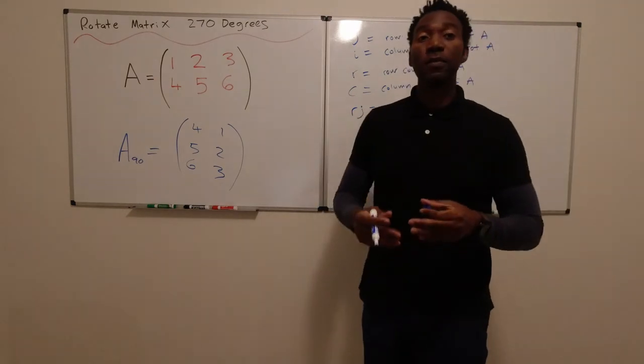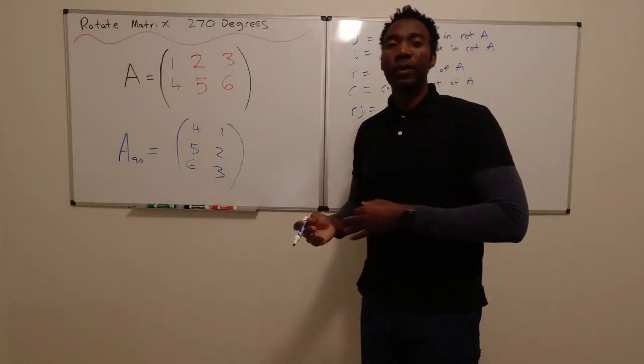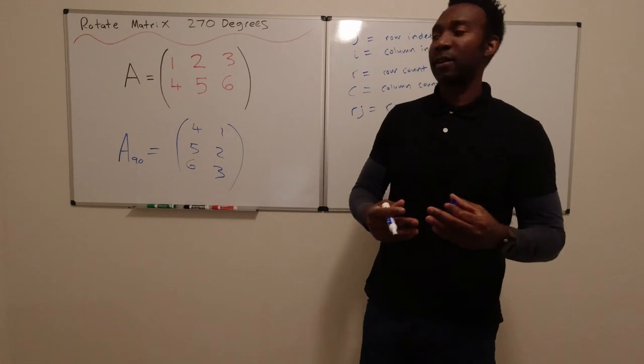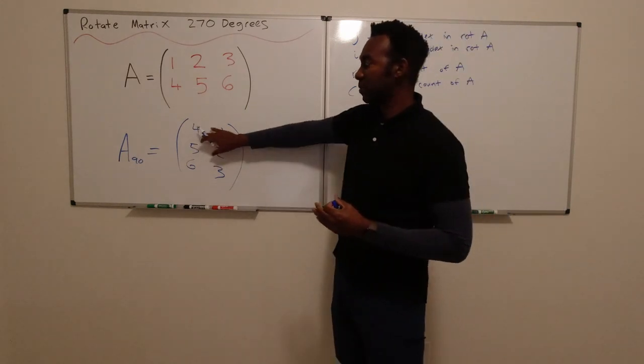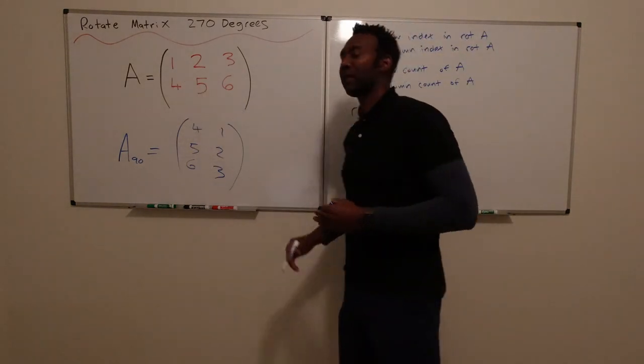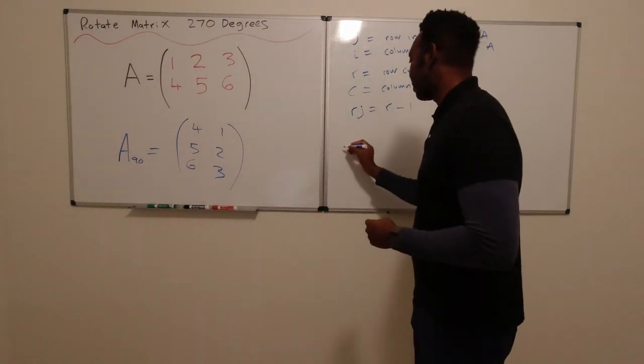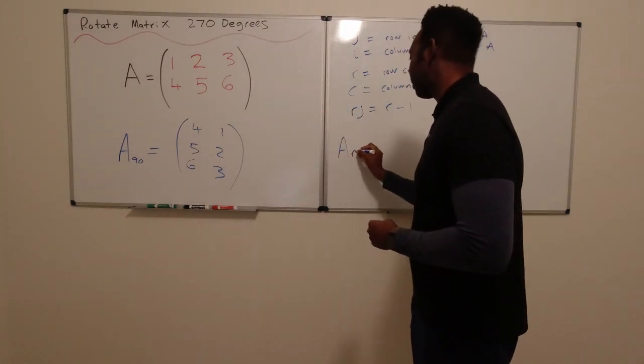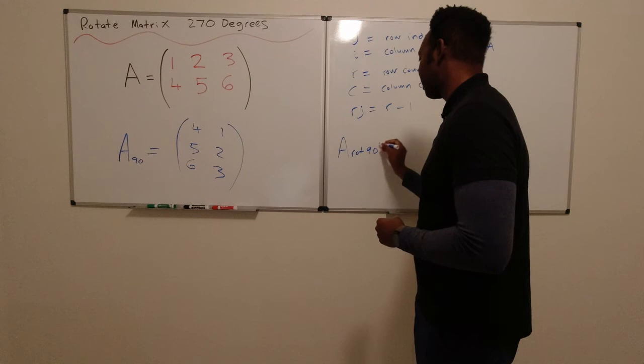So once we have all of these variables defined, we can then write a relationship which links the rotation with the original. When we do that, we get this. So we'll have A rotated by 90 degrees.